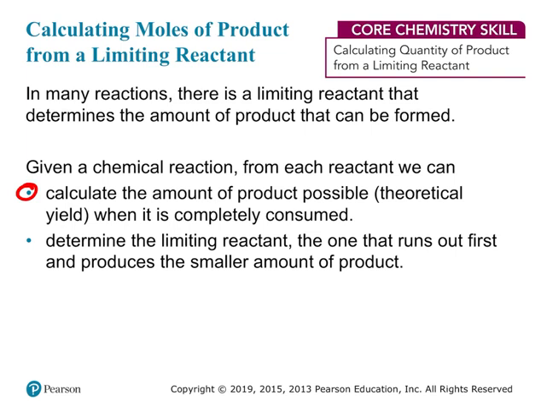So the theoretical yield. So that's theoretically how much we could form when that reactant is completely consumed. And then we can determine from that calculation which reactant will run out first. So which one is the limiting reactant? So the limiting reactant is going to produce the smaller amount of product.